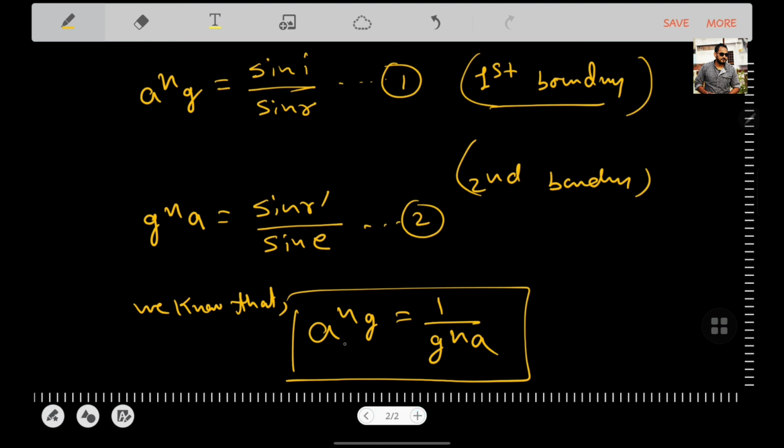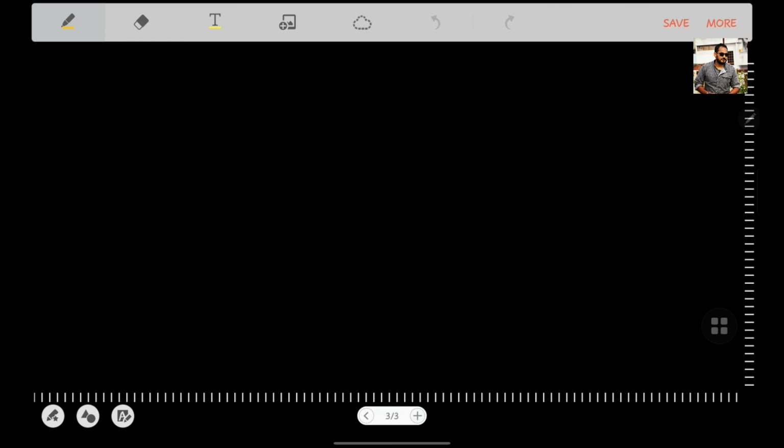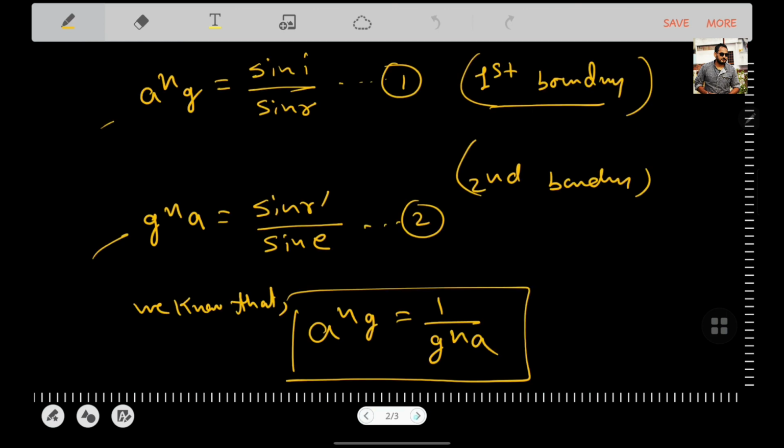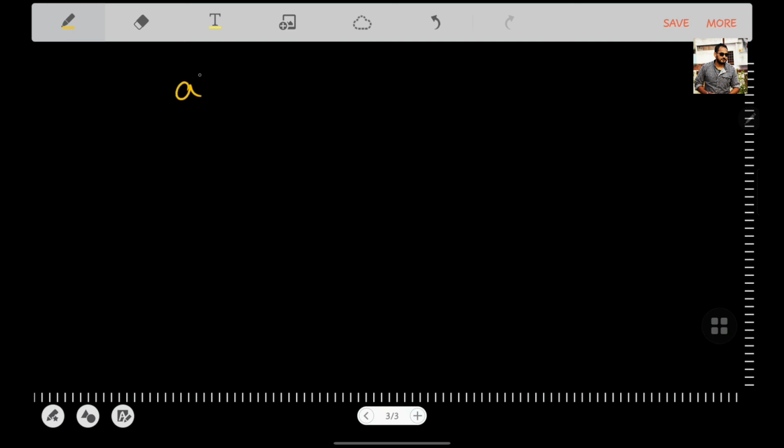A and G is Ng upon Na, and G and A is Na upon Ng. It's just 1 upon something. So now we will put equation 1 and equation 2 here, because we know the values of A and G and G and A in terms of I and R. Once again, A and G is equal to 1 upon G and A.